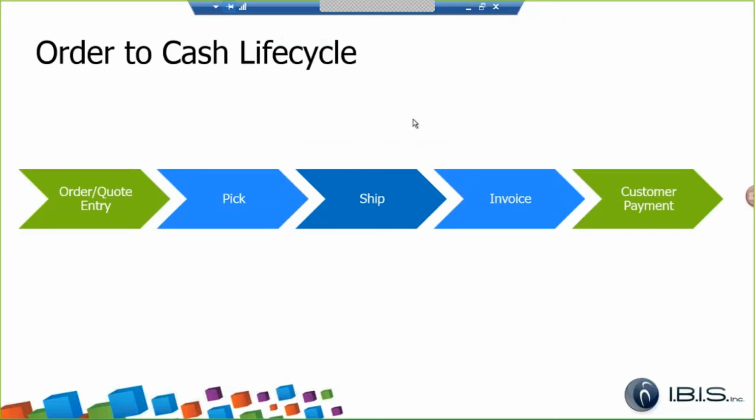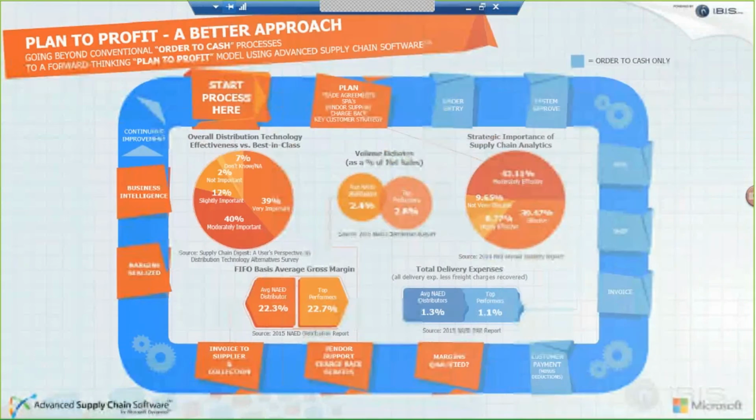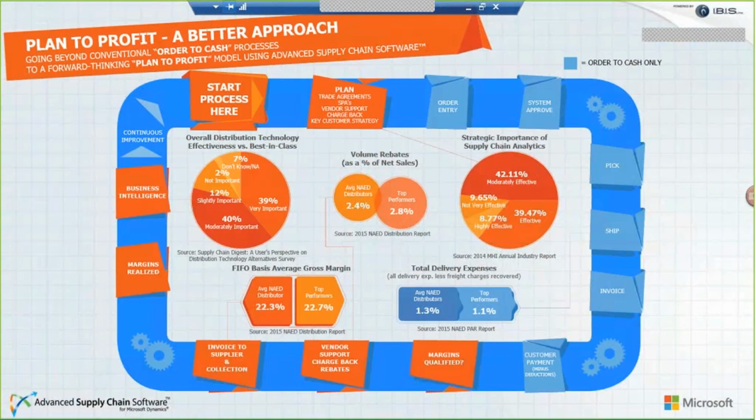And the next thing I'd like to talk about is we at IBIS have expanded on this order-to-cash life cycle, and we actually expanded this on to plan to profit, which we consider a better approach. So with our approach, you are leveraging still the order-to-cash life cycle, but you're adding a little bit of action on the front end and on the back end of this. The front end would be the planning side, sales and operations planning, planning with trade agreements and contracts.